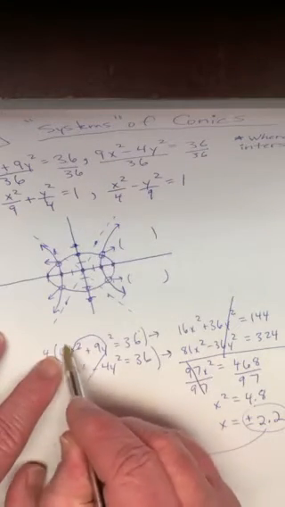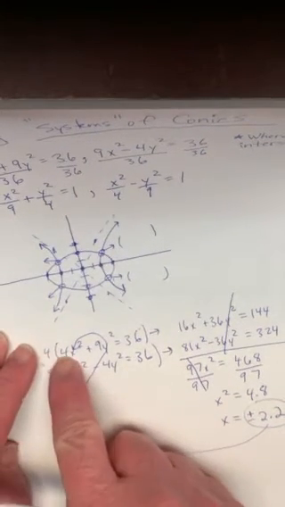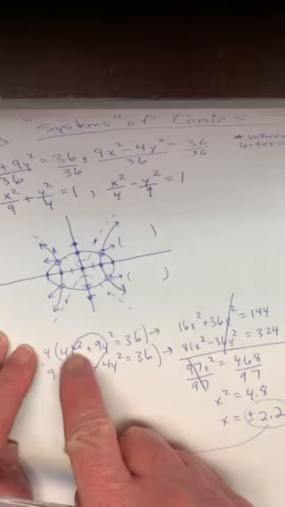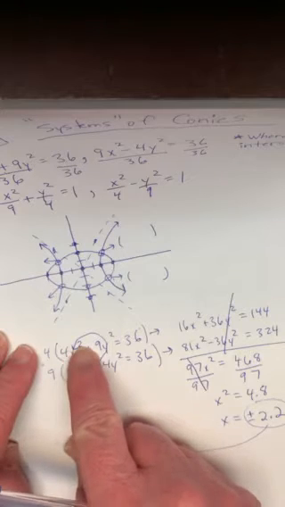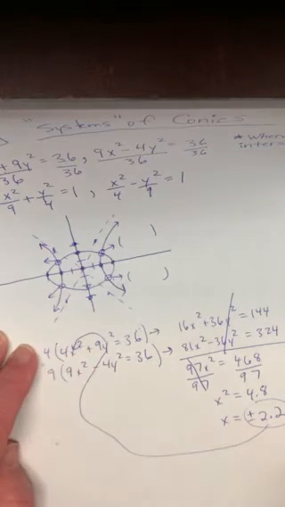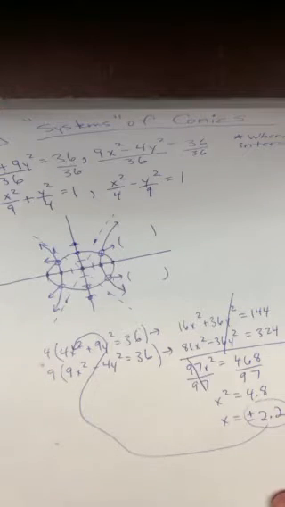So in essence, this now says 4 times, and it doesn't matter if it's plus or minus, because when you square it, you're going to get a positive anyway. I have to take 2.2 and square it, correct?